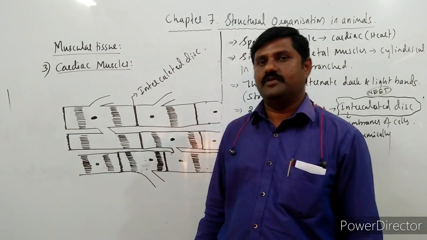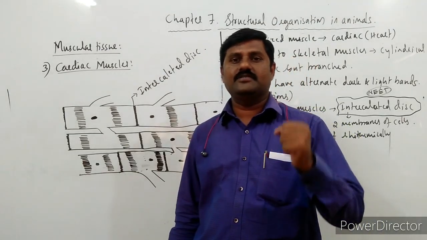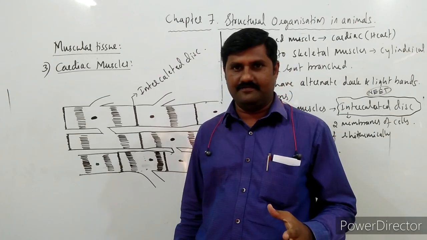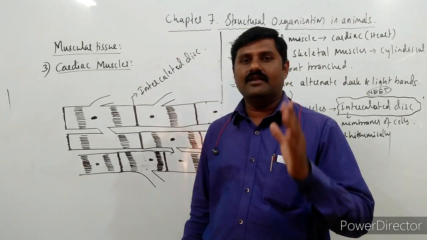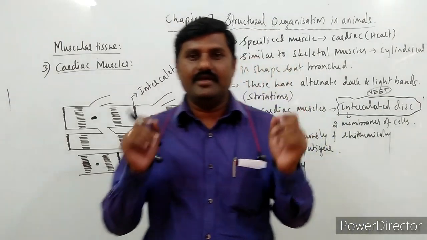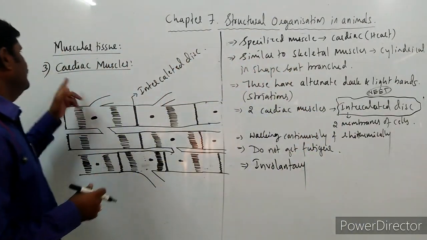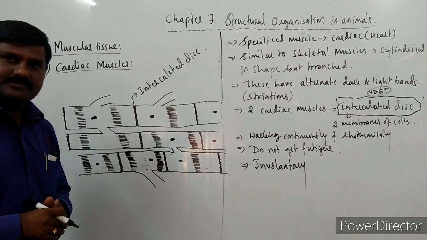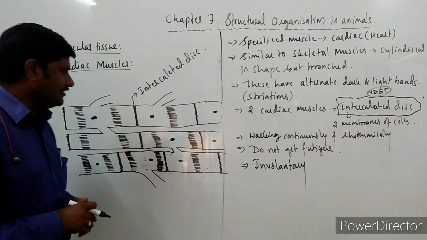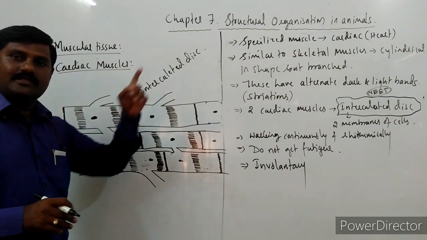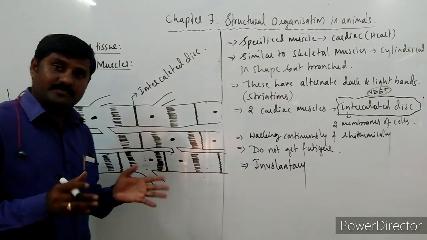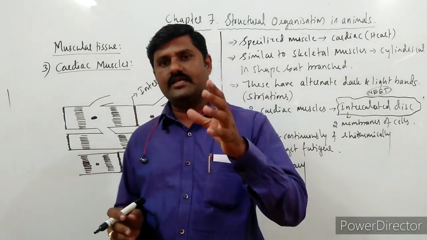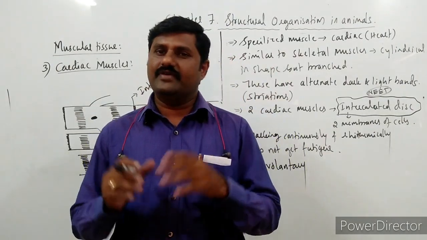They are responsible for the continuous or rhythmic contraction and relaxation of the heart itself, right? This is also a very important point to be noted in the case of cardiac muscles. These muscles are also similar to the skeletal muscles, but these are branched, while skeletal muscles are unbranched. Smooth muscles also show branches, but very rarely.